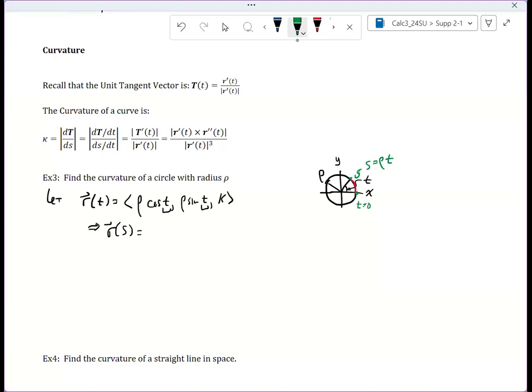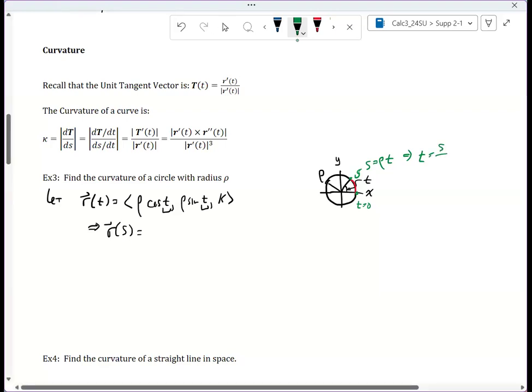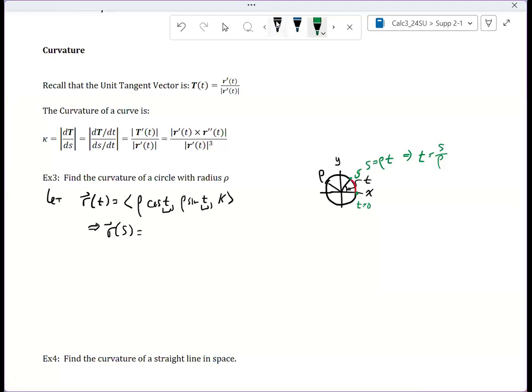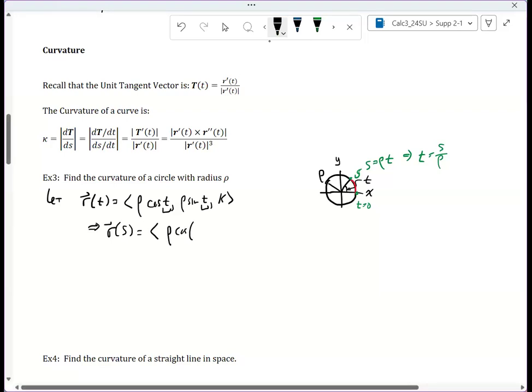We're, of course, taking t to be in radians here, so that all of this works out nicely. So s equals rho t, or in other words, t equals s over rho. So writing r in terms of s gives me rho cosine of s over rho, for my second component rho sine of s over rho, and my third component is still just the constant k.